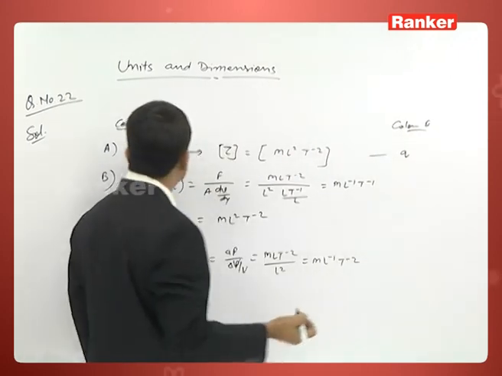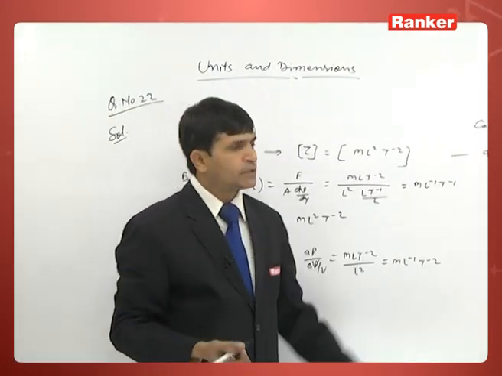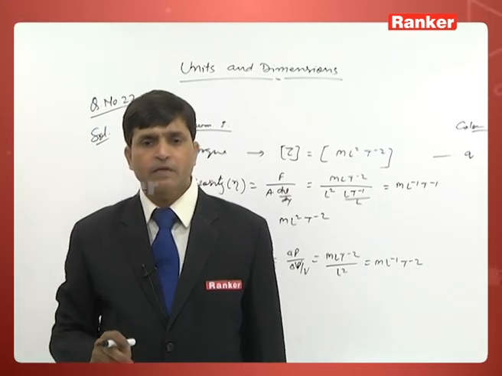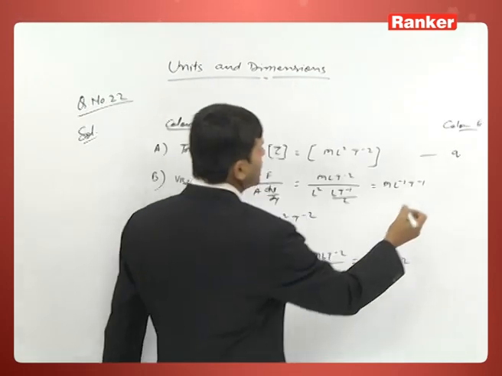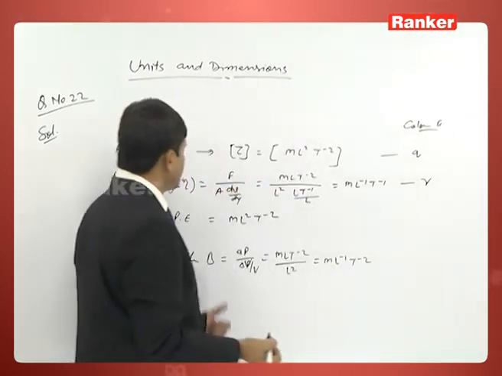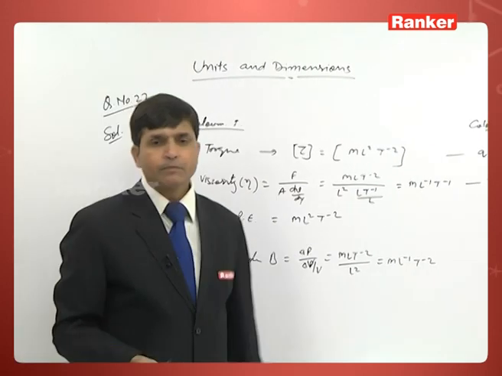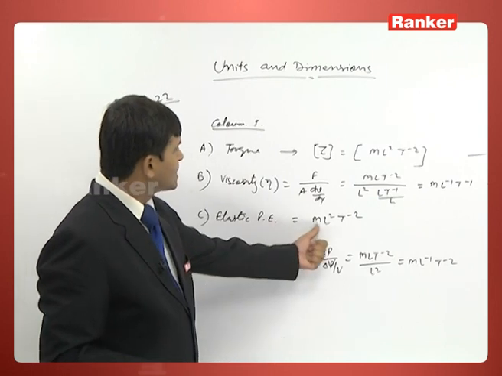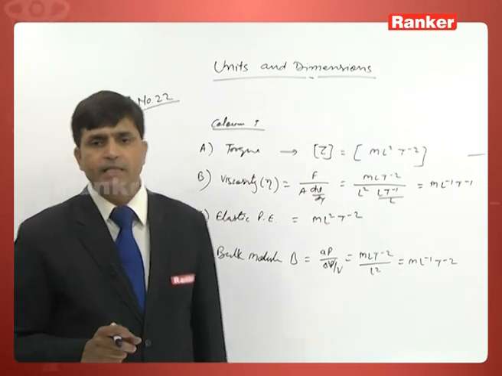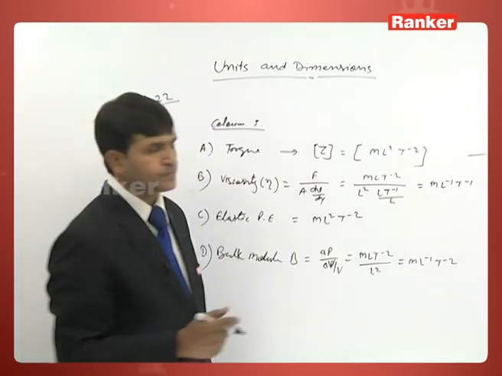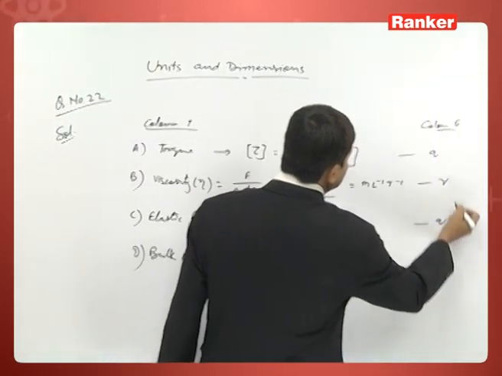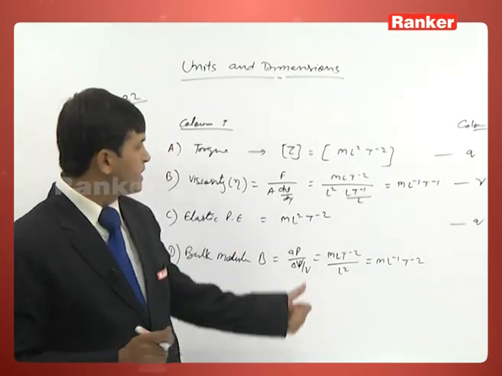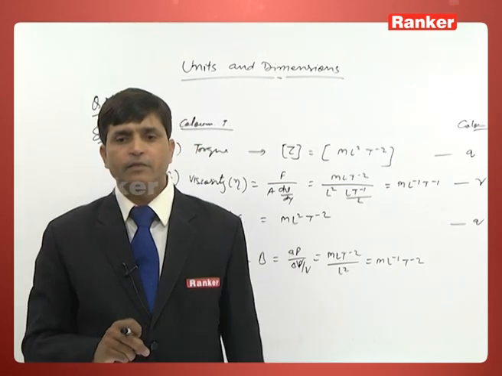Now viscosity is M L minus 1 T minus 1, that is option R. So B is R. Next is C, elastic potential energy, which is also M L square T minus 2, equal to option Q. So this is also Q. And fourth is bulk modulus, M L minus 1 T minus 2, given as option S.